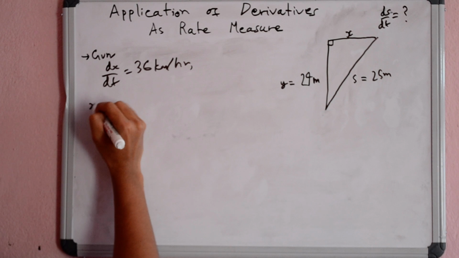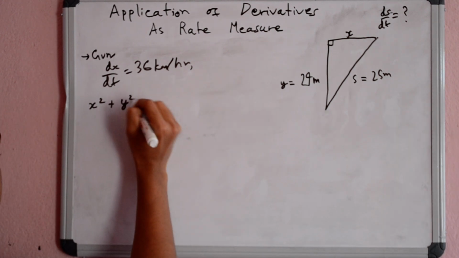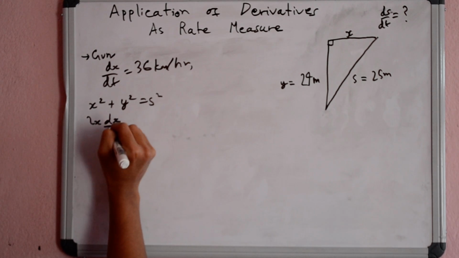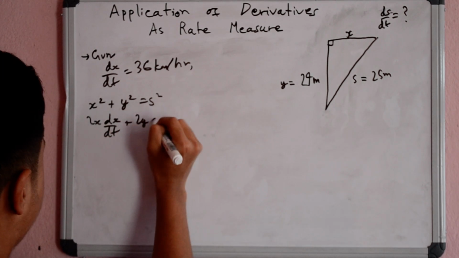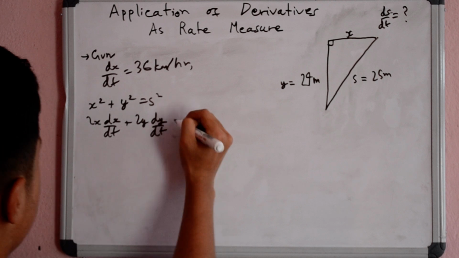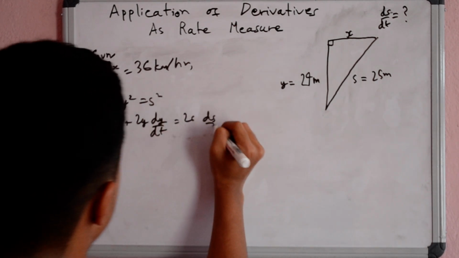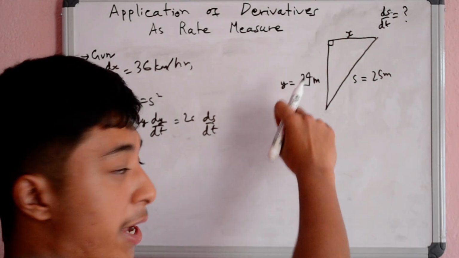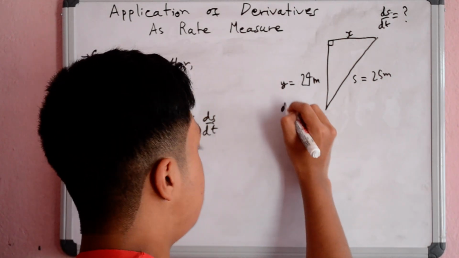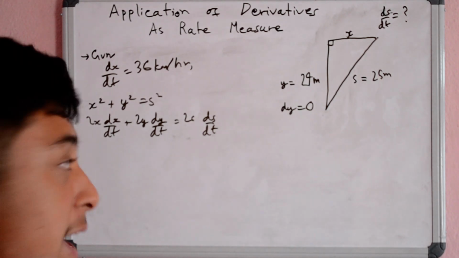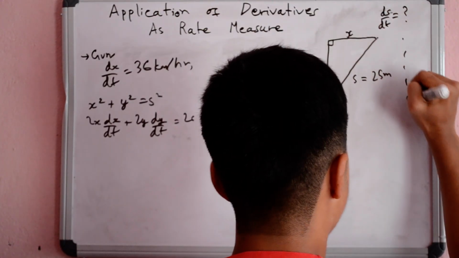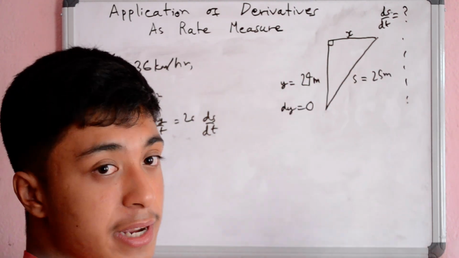Now we can use the Pythagoras theorem to help us out. We differentiate both sides with respect to time. So 2s ds by dt. Now here, this y, dy is actually 0, because if the kite simply moves horizontally, then at any given time, the height will remain 24 meter.